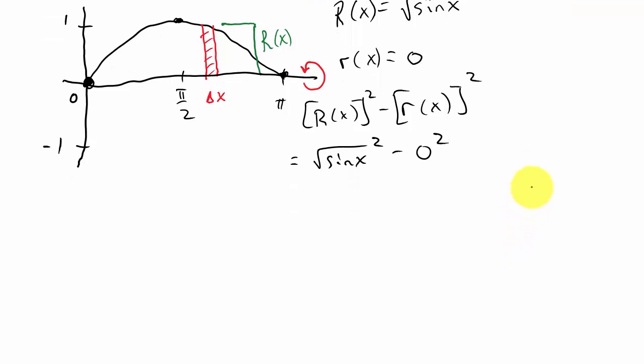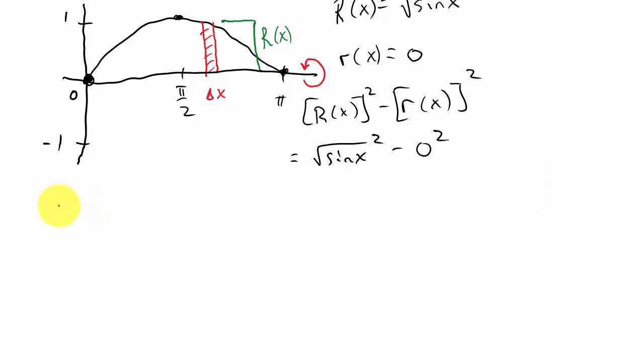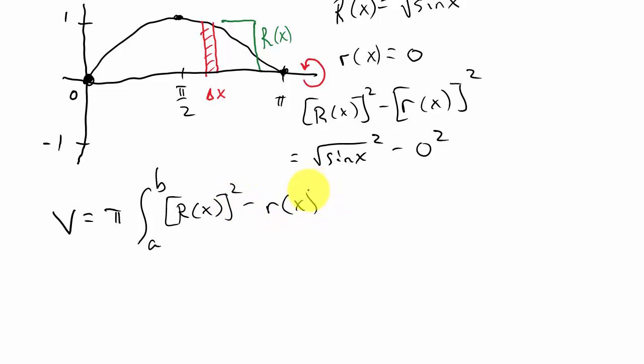Now our volume is pi times the integral of big R of x squared minus little r of x squared, and we're integrating with respect to x. There's the thickness of our rectangle. We have the volume is pi, and we're going from a to b, so from 0 to pi.